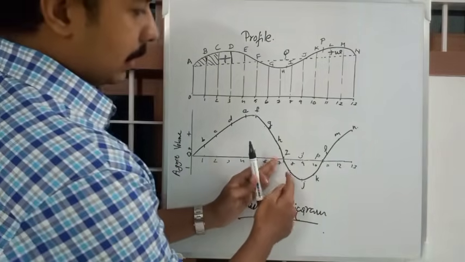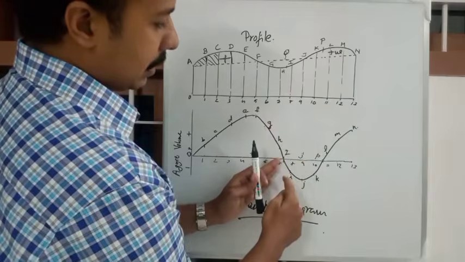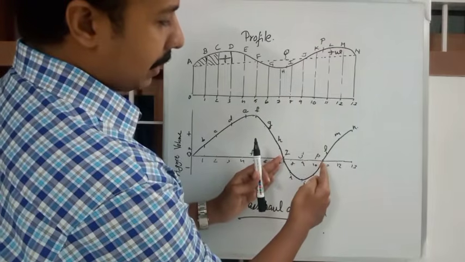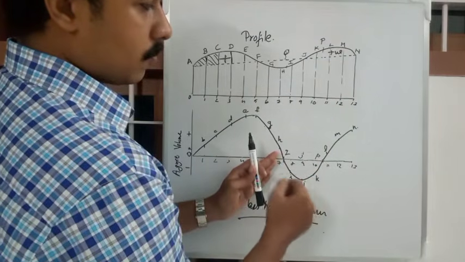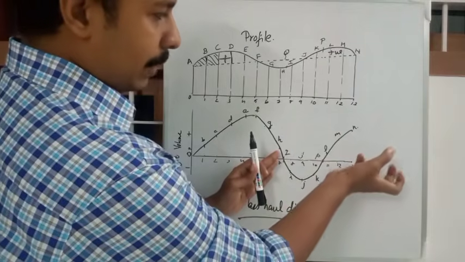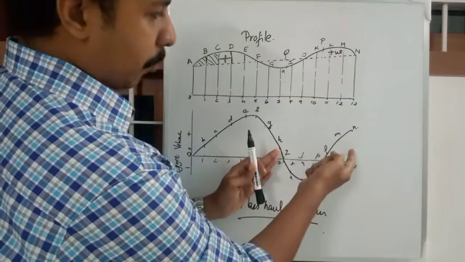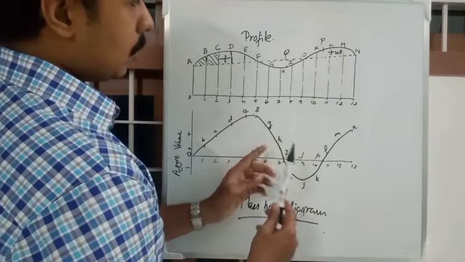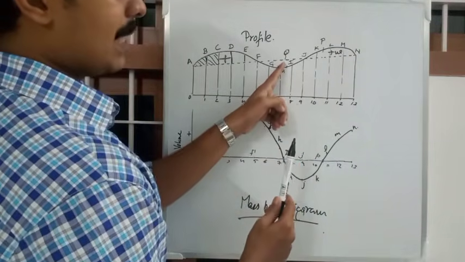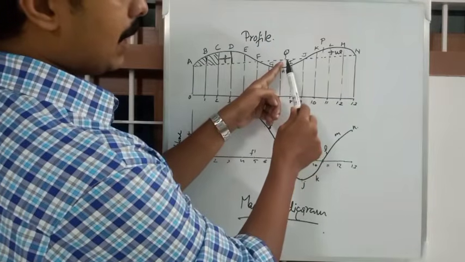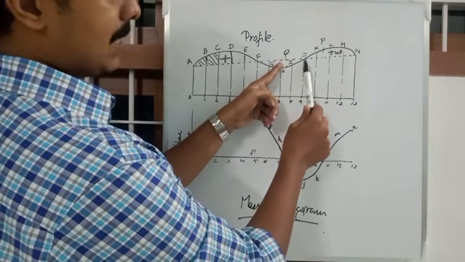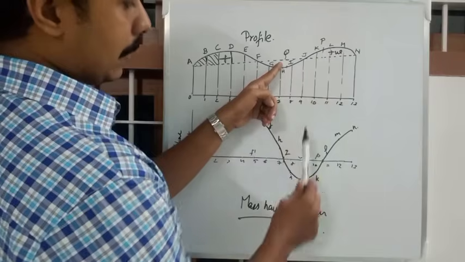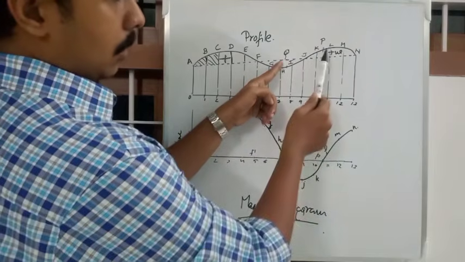Then what happens at I, J, K till P? The earth would be borrowed from this point or this point from here. At Q, the truck is empty. Then the remaining Q, I, J portions will be filled by how?